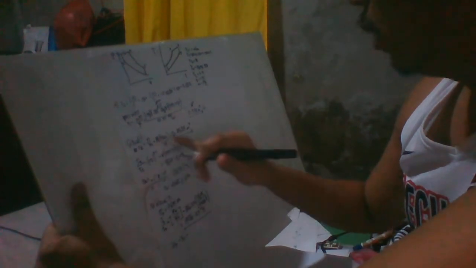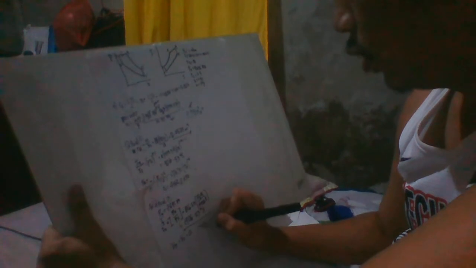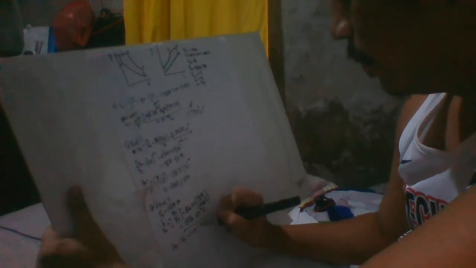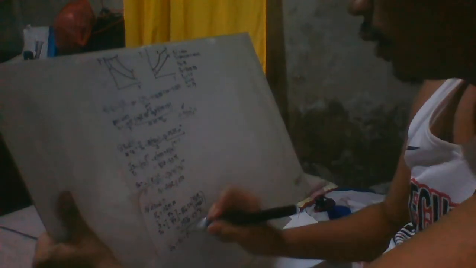So we already have volume 3, which is equivalent to volume 2, equal to 0.0524 cubic meter. So we completed the temperature, pressure, and volume at state 3.